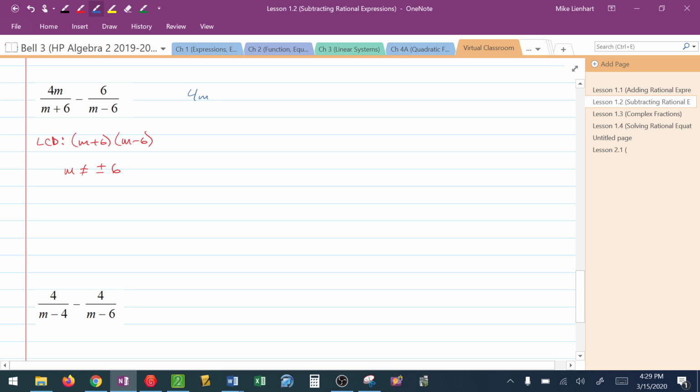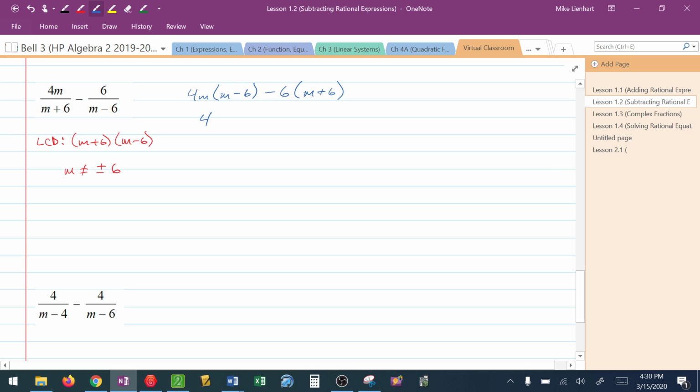I'm given 4m. In the first fraction, I'm missing m minus 6. Second fraction, I'm given minus 6. From m minus 6, I know I'm missing m plus 6. Again, what's missing comes from comparing the given denominator to the LCD.